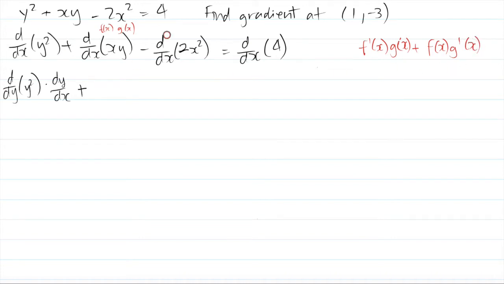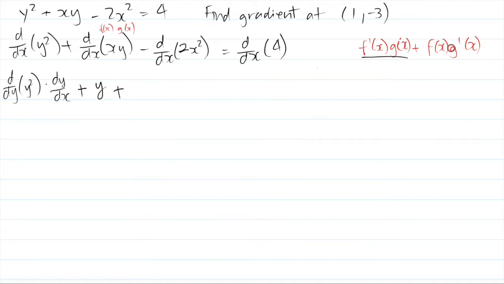So that's how you would use the product rule. Let's apply it there. Keep in mind that we're deriving in terms of x. If I derive x, I get 1, that's the f'(x), then I multiply by g(x). g(x) is y, so I just get y. That's the first part.